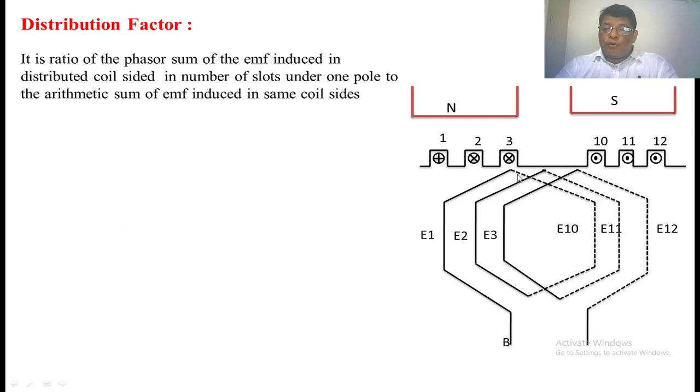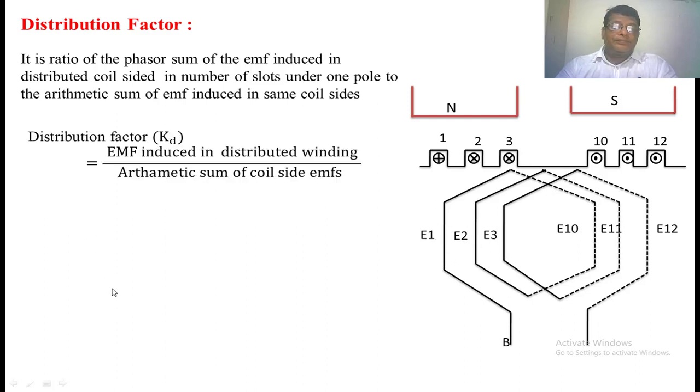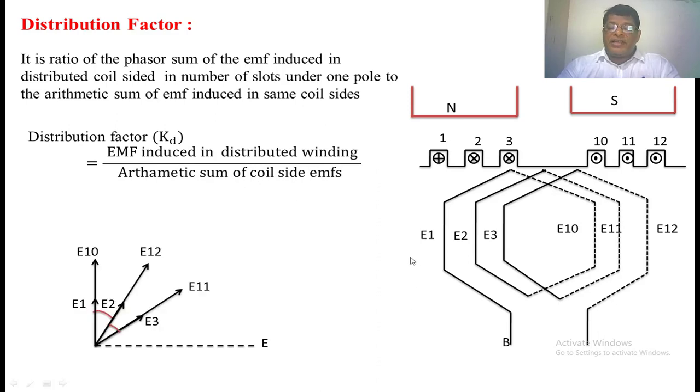Under one pole, we find the phasor sum of E1, E2, E3 for one phase, the resultant voltage divided by the arithmetic sum of these voltages. Now, the distribution factor is denoted by KD, which equals the EMF induced in the distributed winding divided by the arithmetic sum of coil side EMFs E. Now we are going to see the phasor diagram here.